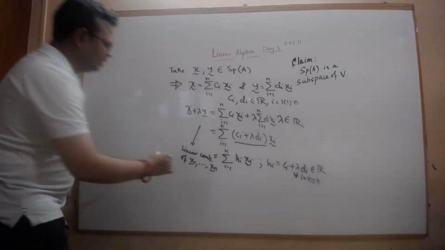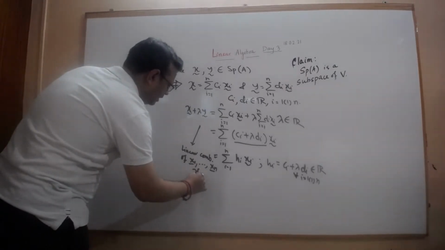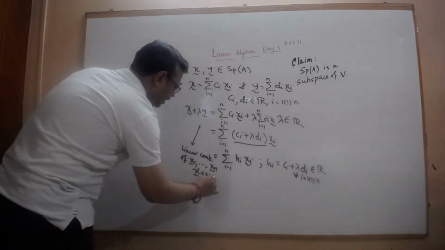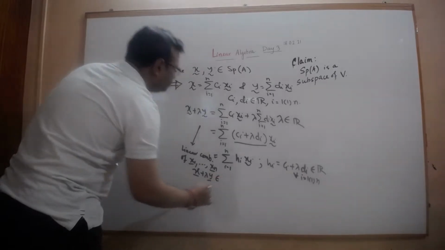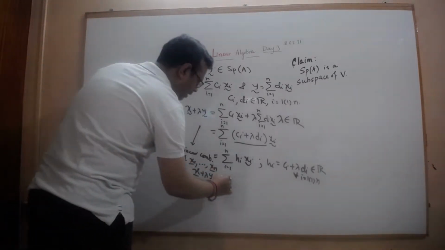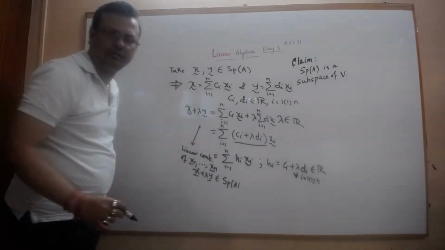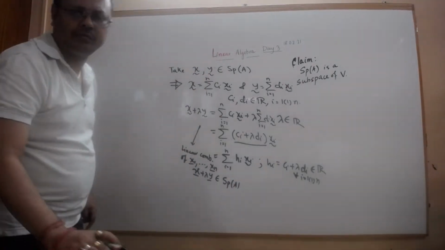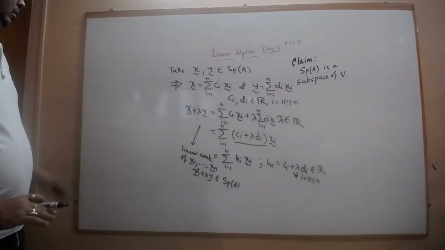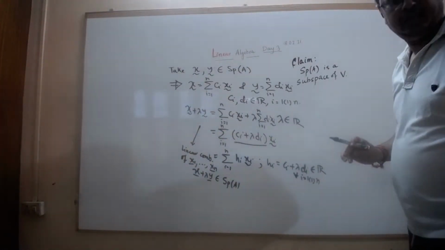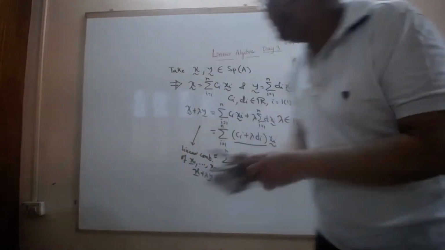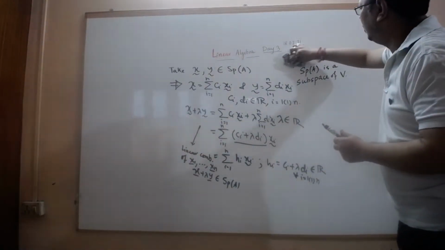Hence this implies x plus lambda y belongs to span A. So therefore span A is a subspace of V.